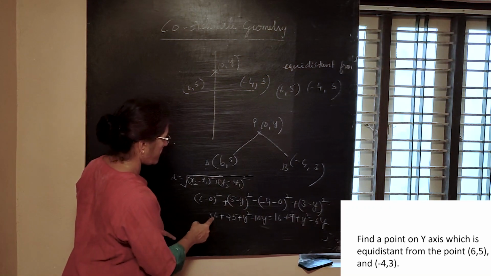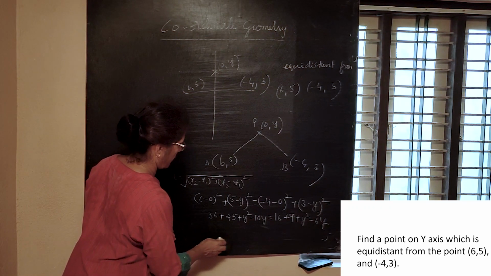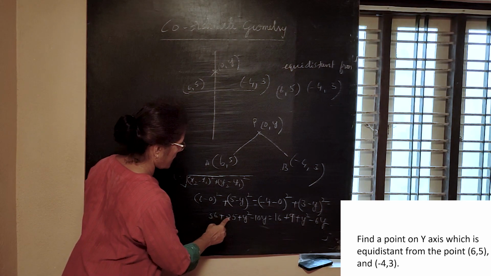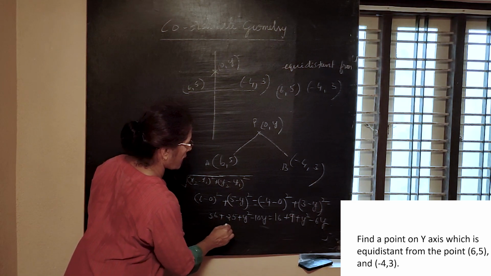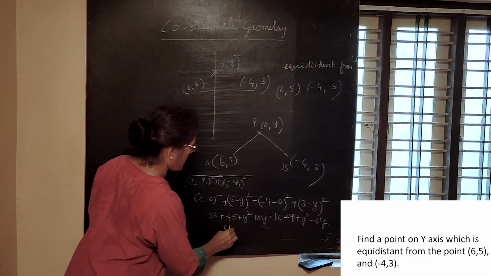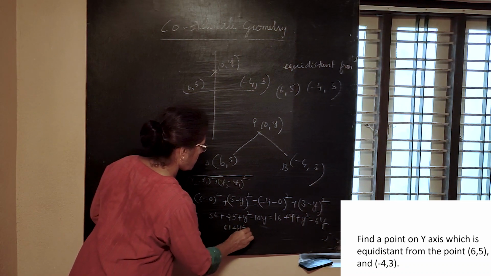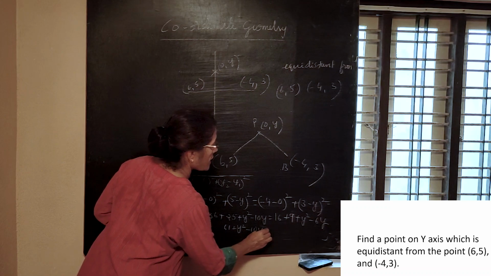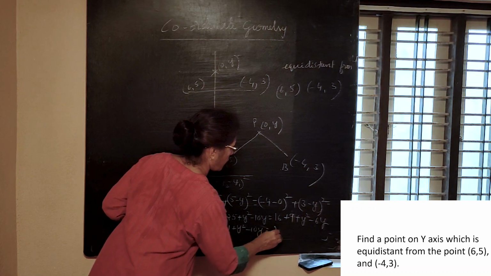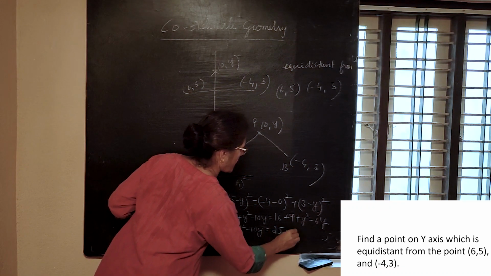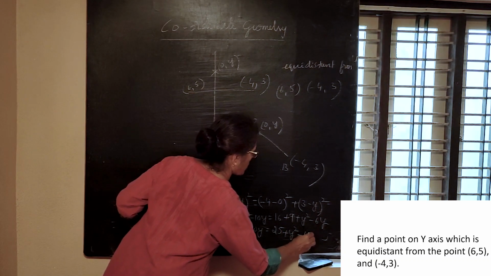So you get 36 plus 25, 61, plus y square minus 10y is equal to 16 plus 9, 25, plus y square minus 6y.